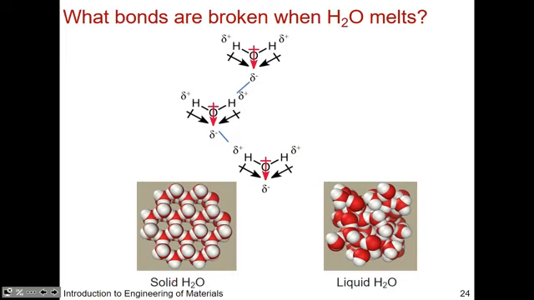That's referred to as hydrogen bonding. And so that's the bond between the hydrogen and the oxygen, but they're not from the same molecule. This hydrogen is on this molecule, this oxygen is on this molecule, and when water, or I should say H2O, melts from ice to water, that's the first bond that breaks.